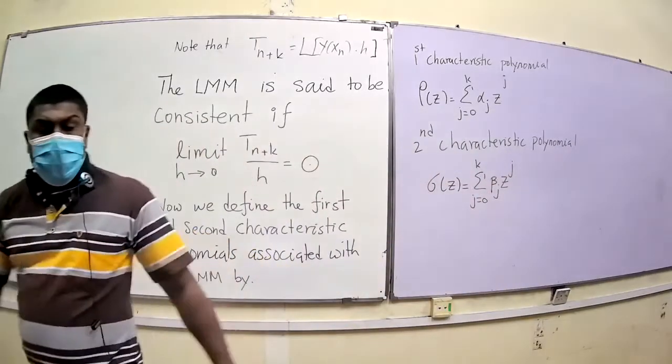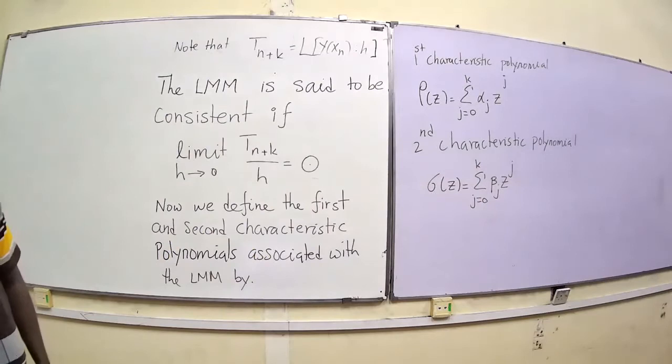Rho is the first characteristic polynomial, that is the sum of alpha j times z to the power j. Sigma is the second characteristic polynomial, that is the sum of beta j times z to the power j.